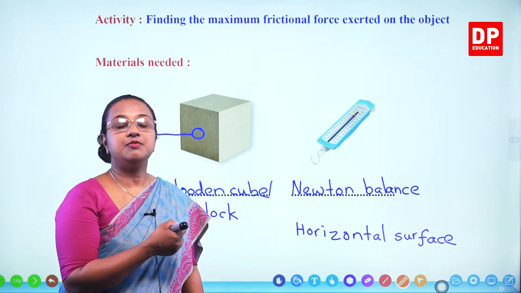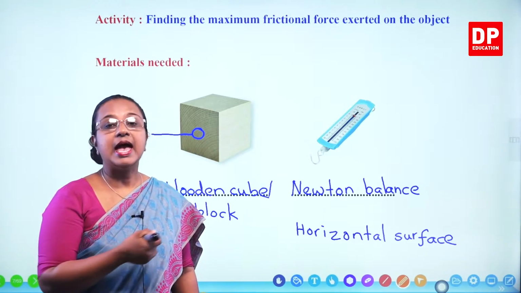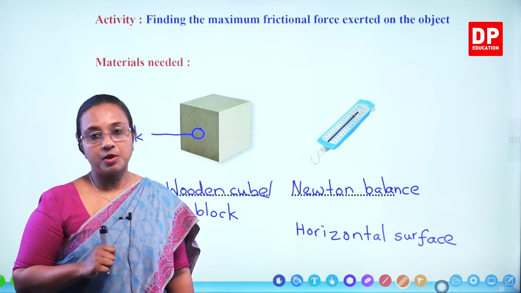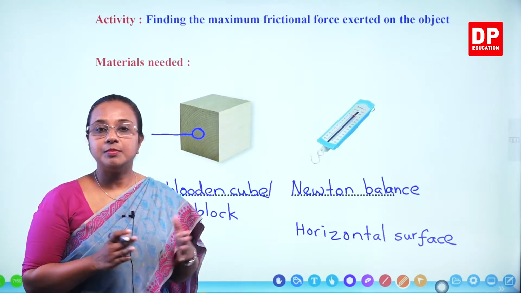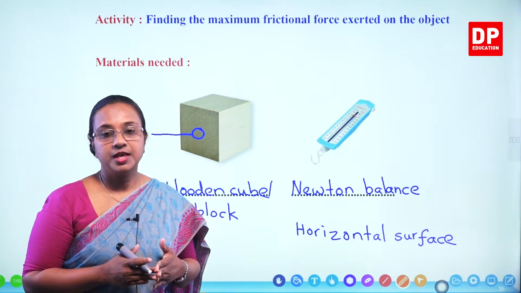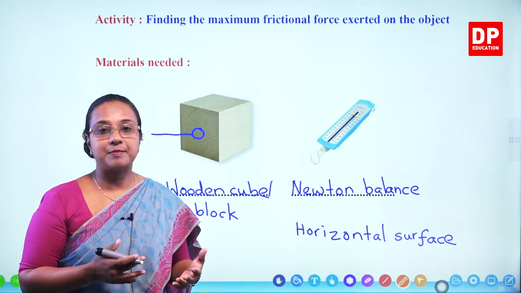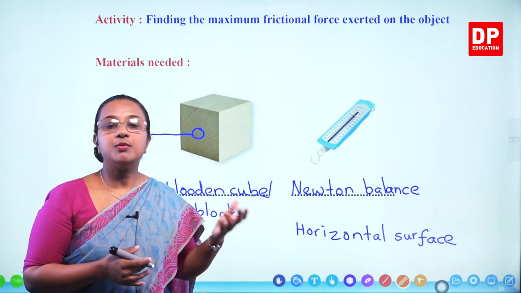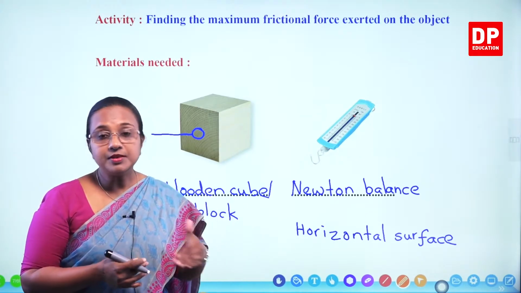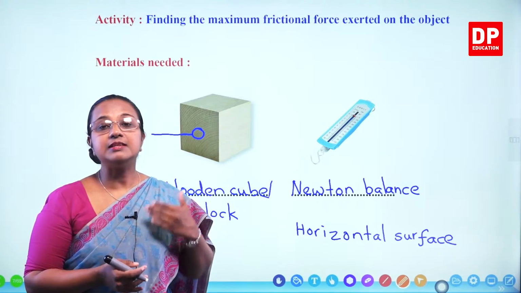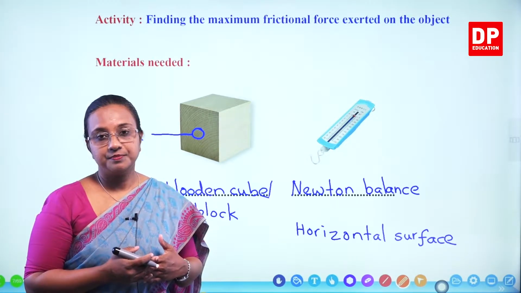And initially, we apply a small force and we try to pull the block. You will see that the block will not move. Then we try to increase the force that we apply. And observe what happens. If the block doesn't move, we increase the force further.